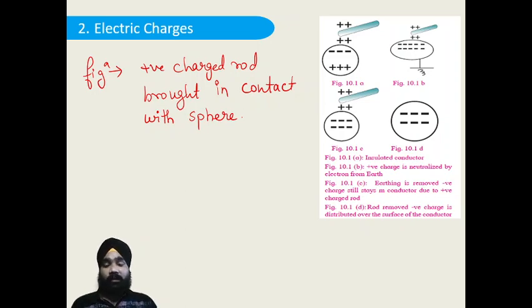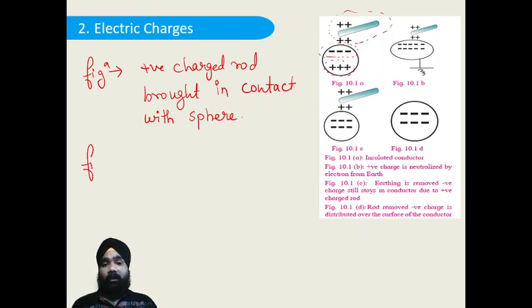The sphere was electrically neutral, that means it possessed an equal number of positive as well as negative charges. Since the rod is at the top of the sphere and is positively charged, all the negative charges get attracted towards the positively charged rod. That means negative charges are at the top while an equal number of positive charges are at the bottom.